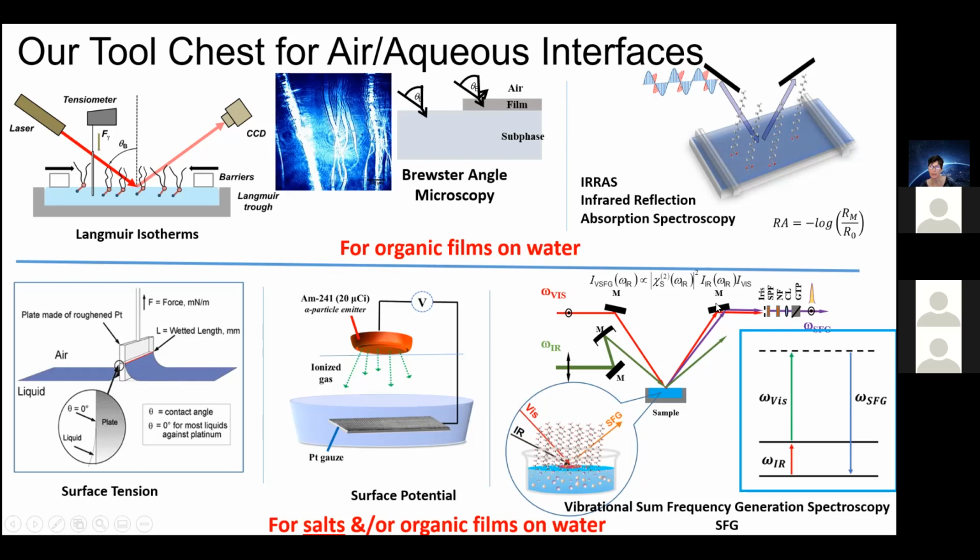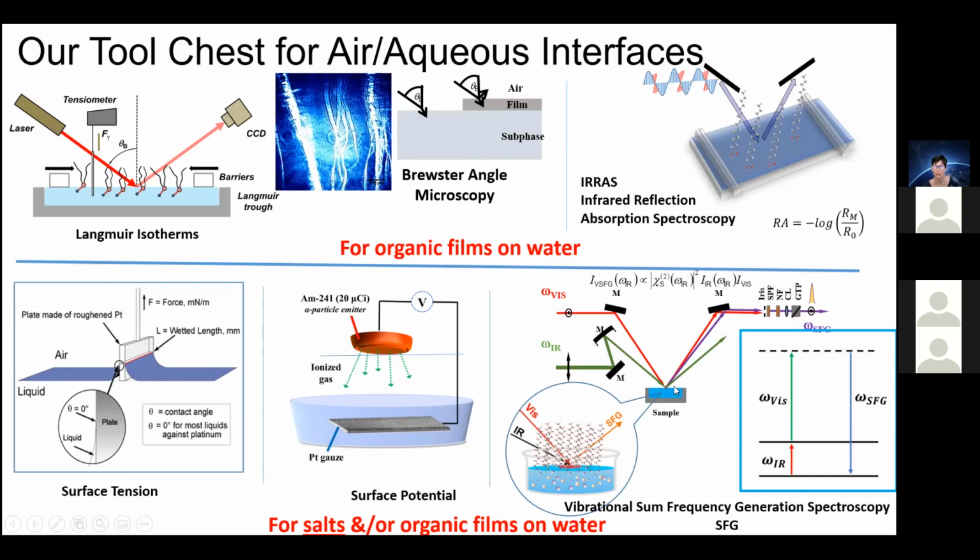And there's always tricks in trying to get rid of, of course, the things you don't want to see in this. But the reason we do the sum frequency over just doing infrared is that it has some surface selectivity rules, where it's just different, obviously, from the infrared.